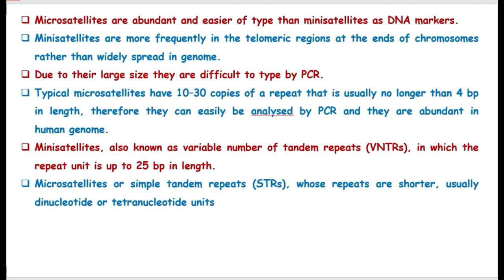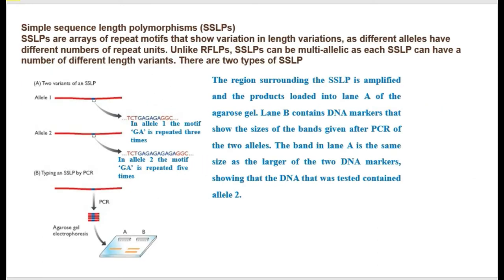Microsatellites were unstable, and because of their instability during DNA replication, they tend to vary in number between individuals. Because of their variable number, they were easy to type and easy to identify. Like here we see a simple sequence length polymorphism.